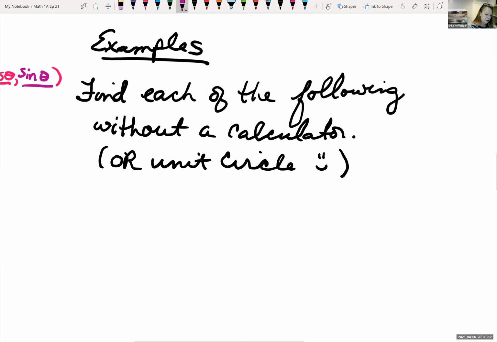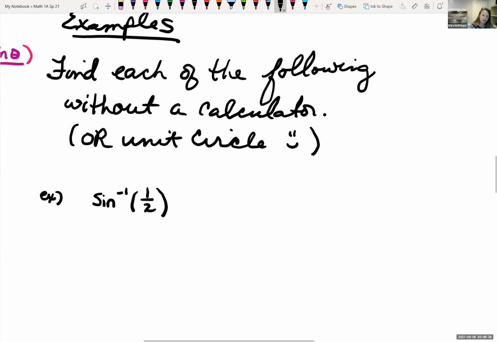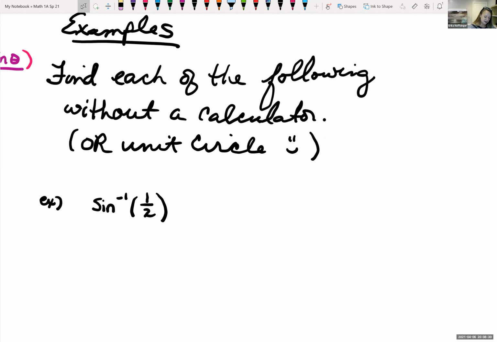So for example, let's say you wanted to find sine inverse of 1/2. Basically we're thinking to ourselves, sine of what angle theta gives us back 1/2? I know that sine of 30 degrees, or pi 6, gives 1/2.